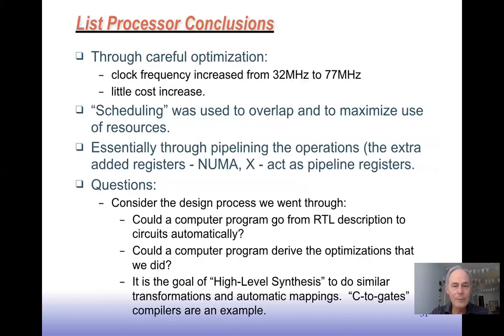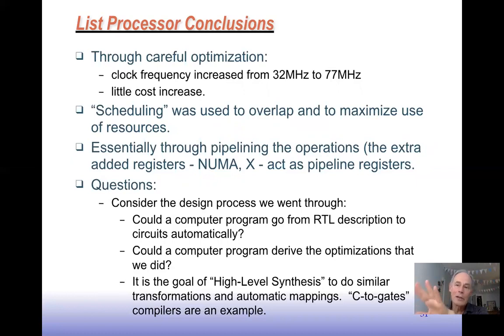Okay, so here are some conclusions on this. Through some careful optimization, we increased the clock frequency from 32 megahertz to 77 megahertz. The 32 megahertz version was nice because it was very straightforward and easy to understand how it works.